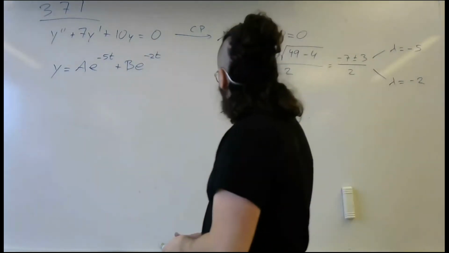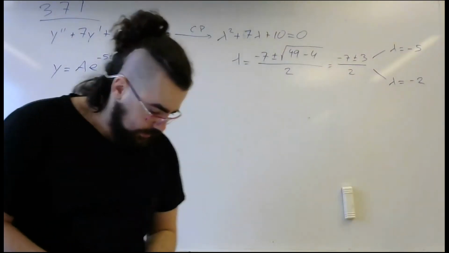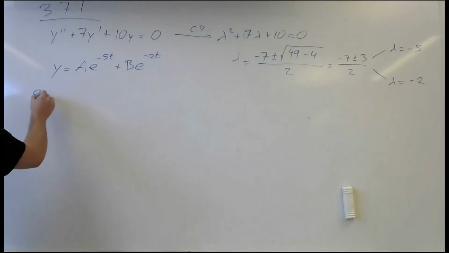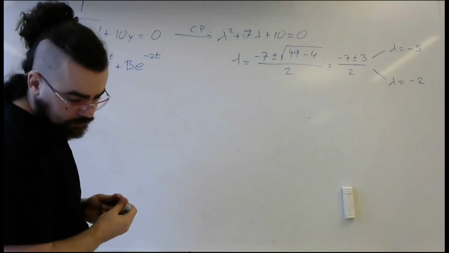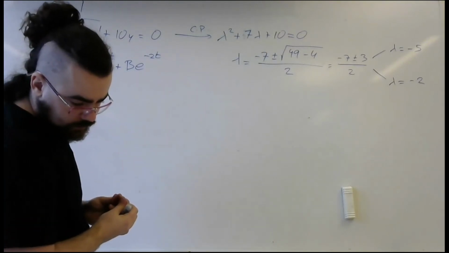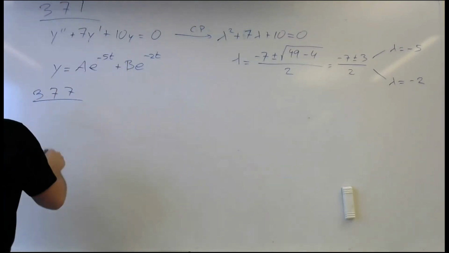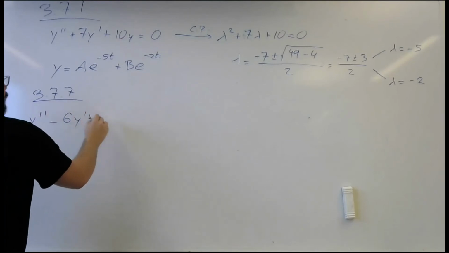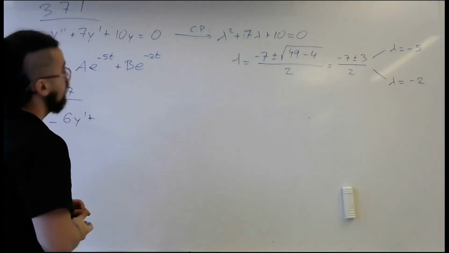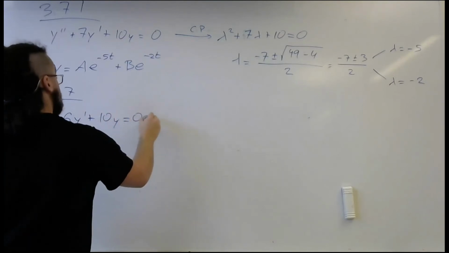Now, I'm going to show you number 7. It says y second minus 6y prime plus 10y equals 0.